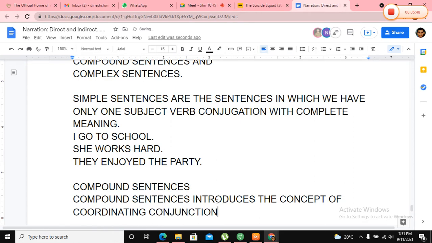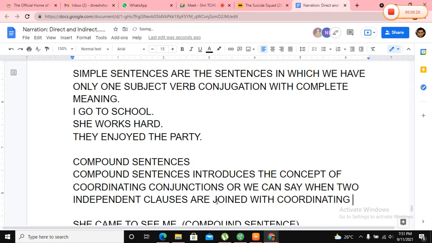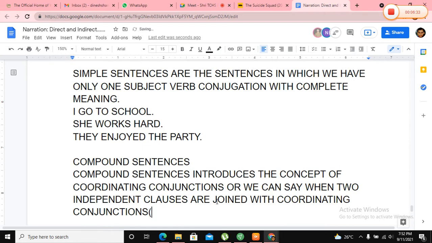We can say when two independent clauses are joined together with coordinating conjunctions. Mostly they are called fanboys.